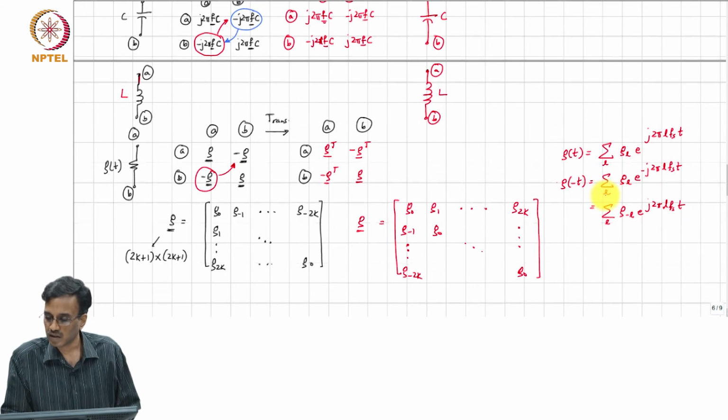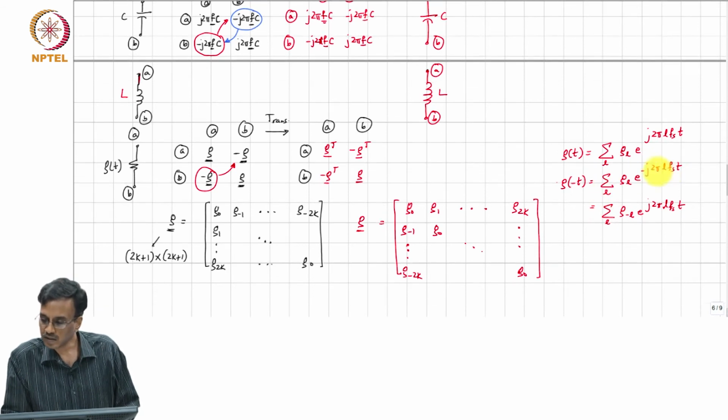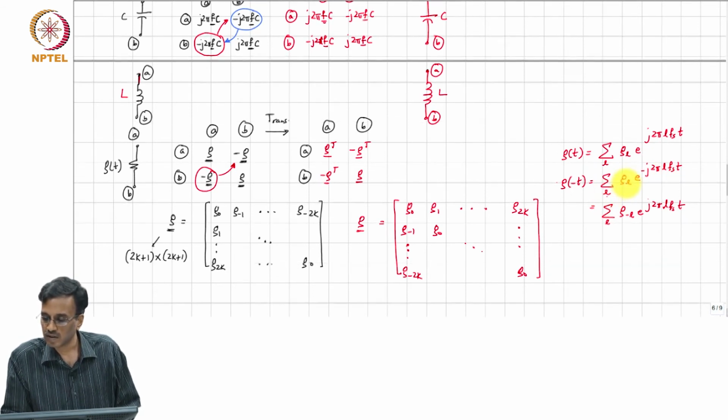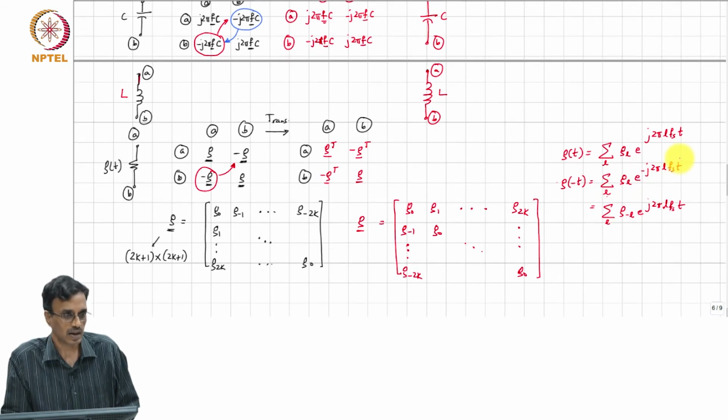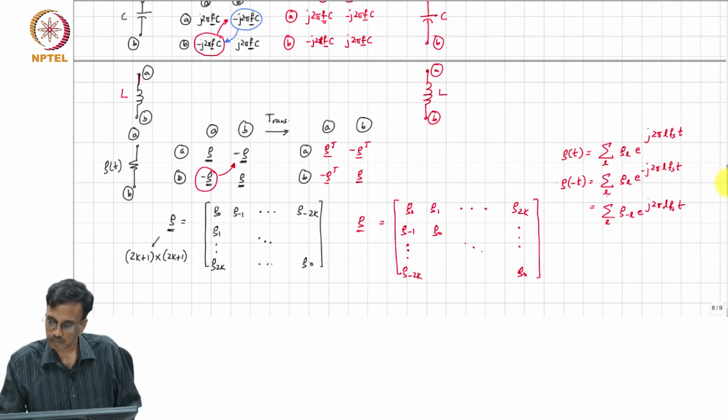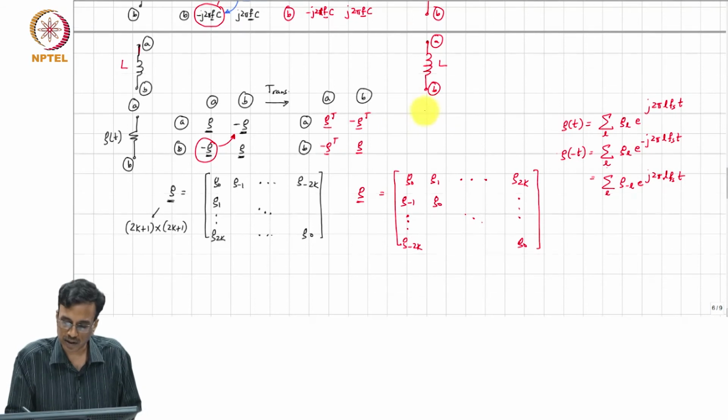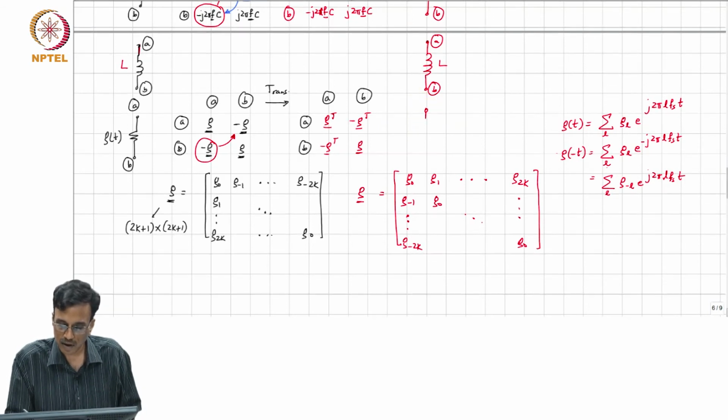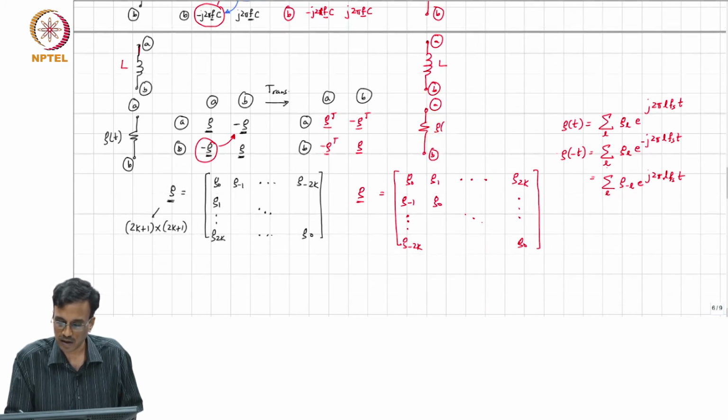Do you get this? Because this G sub L, if you change L to something else uniformly, it remains the same, correct. So, what is the element therefore that corresponds to this MNA stamp? It basically is G of minus t.